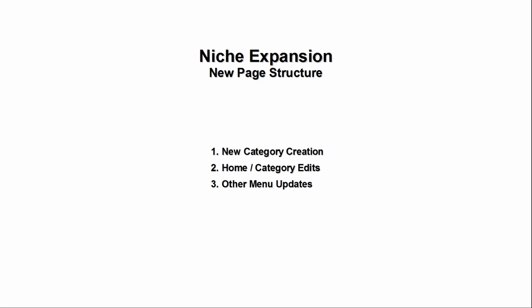To start with, the new category creation. If you created any new pages or posts on your site that didn't fit into one of the categories that already exist, then you're going to end up needing to create a new category.